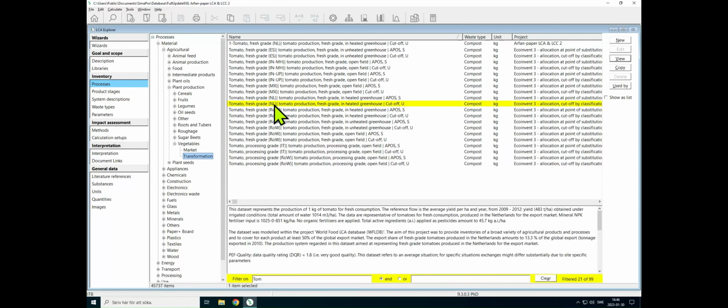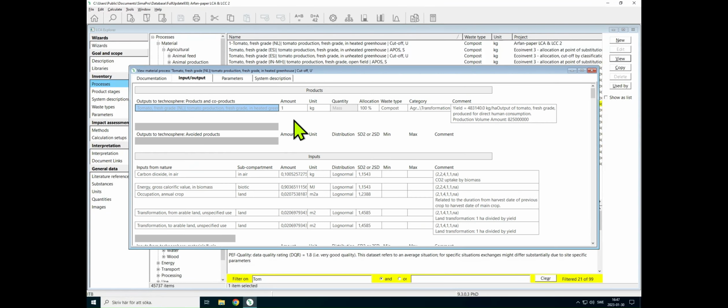So in transformation processes, if we go into the unit process, we see this unit process representing a tomato production of first grade in the Netherlands, on a single case study. This case study shows that the production volume is this amount.